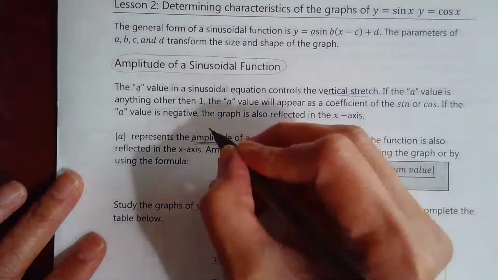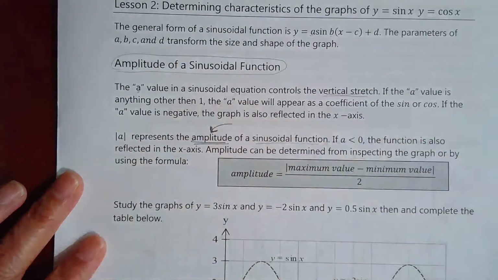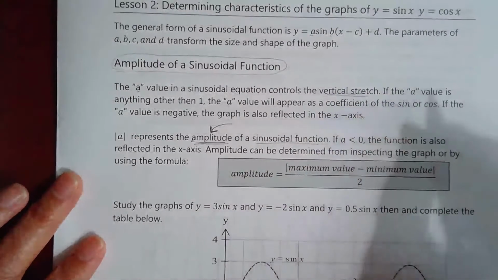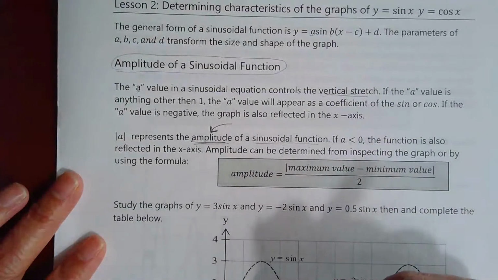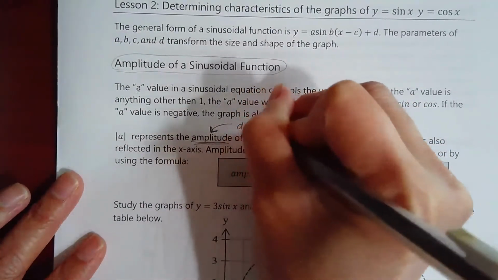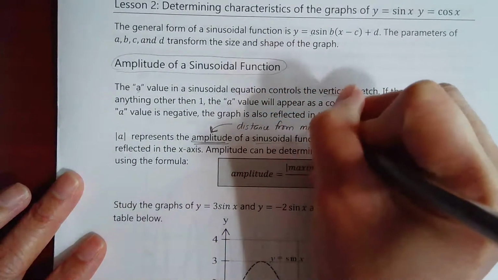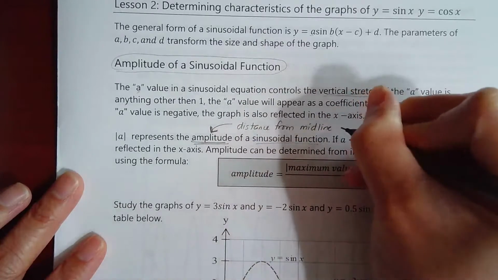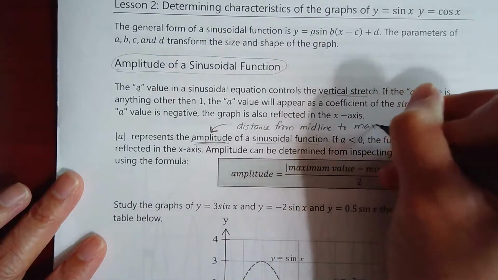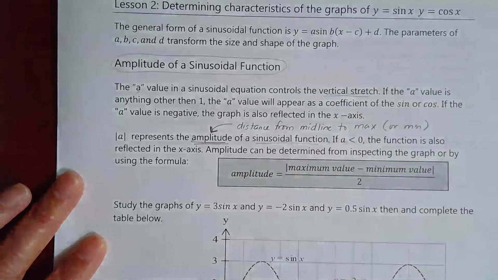Now what does the amplitude mean again? When we looked at the word amplitude yesterday, we said amplitude is the distance from the midline to the maximum, or from the midline to the minimum, because that's the same distance.